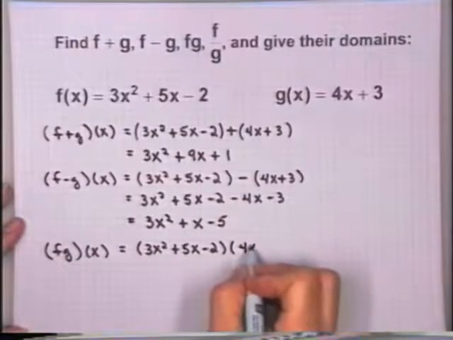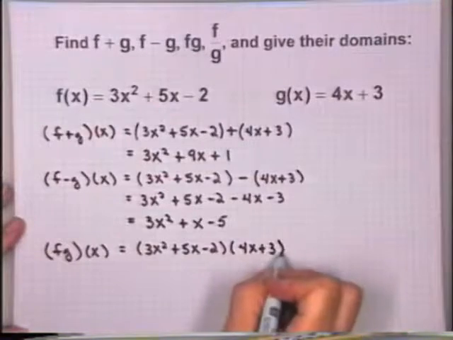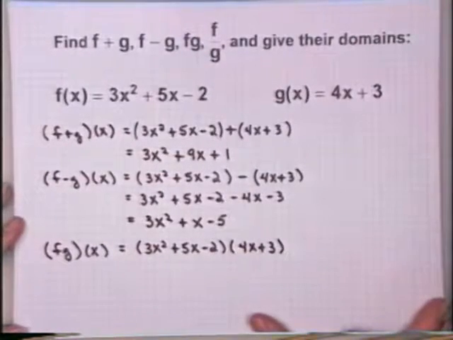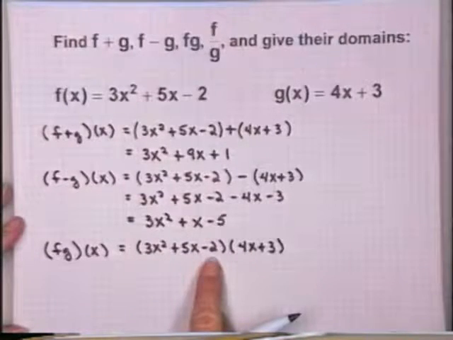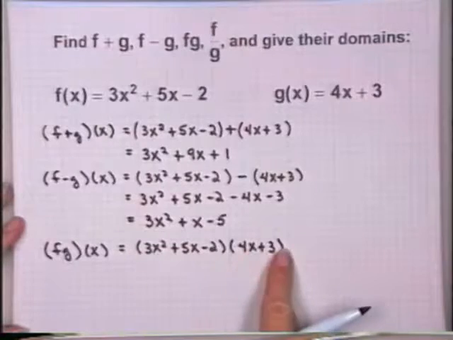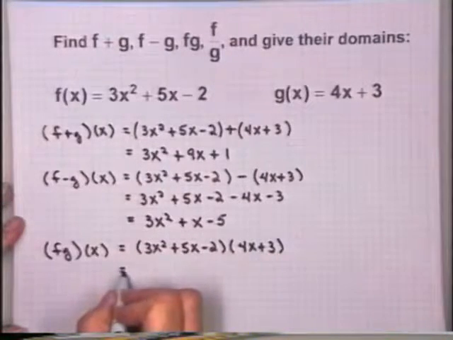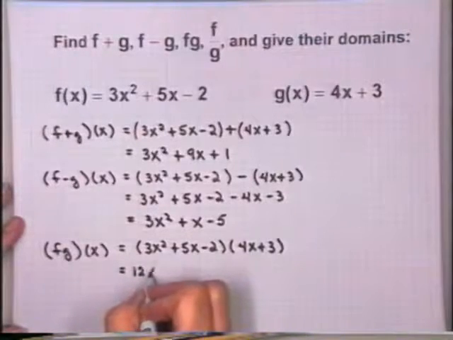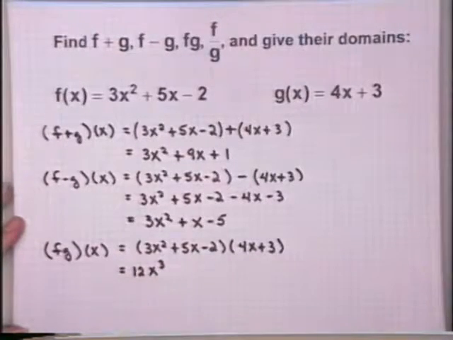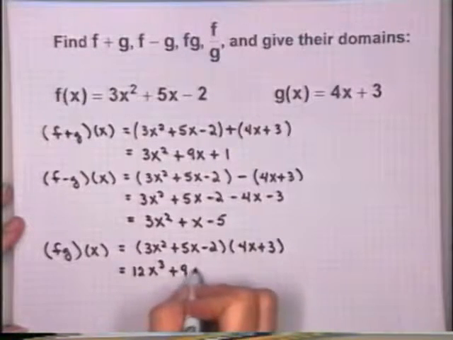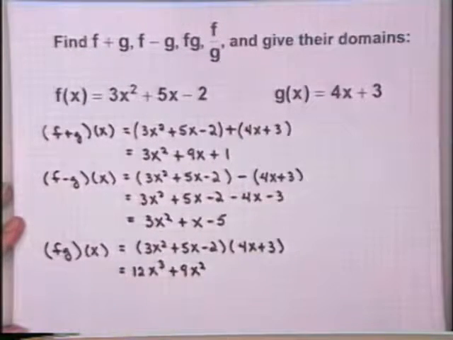We're going to multiply that by 4x plus 3. And now we're going to carry out this multiplication. Since we're multiplying a trinomial times a binomial, what I'm going to do is take my 3x squared and multiply times both of these first. So 3x squared times 4x gives me 12x cubed. And then 3x squared times our positive 3 gives us a positive 9x squared.